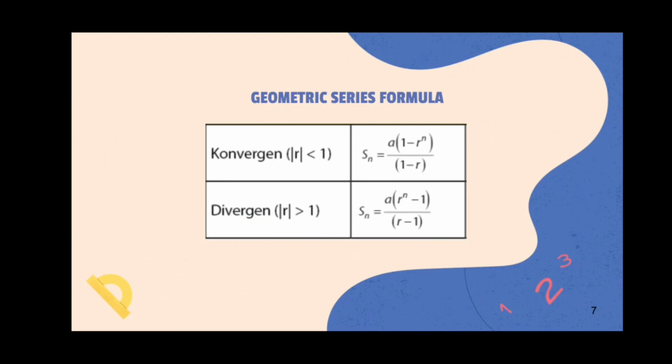And secondly, when divergent, I mean when the common ratio is greater than 1, we use the formula sum of n is equal to a times brackets of the ratio to the power of n minus 1, divided by the ratio minus 1. And I want to tell you that the ratio cannot be 0, because a ratio equal to 0 is not geometric.